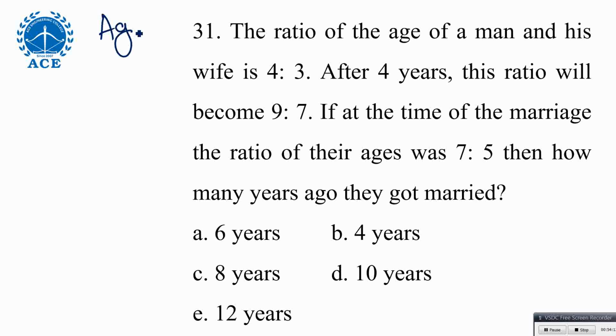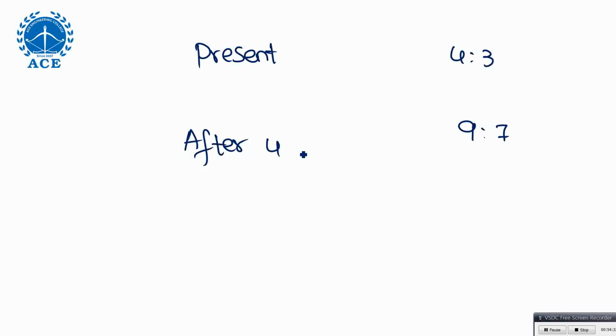Method 1 or method 2, it's all up to you now. I'll give a very simple shortcut here. The present ratio is 4:3. After 4 years, 9:7. After 4 years, both of their ages should increase by 4 years. But here in the ratio, the first one increased by 5, the second one increased by 4, not the same.